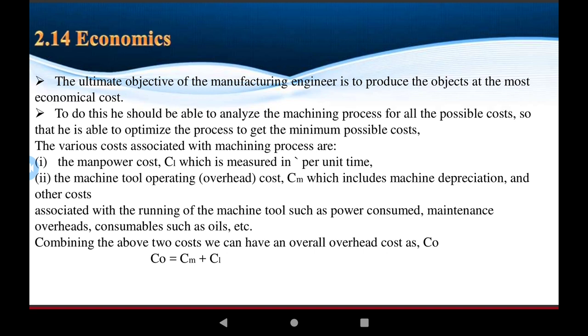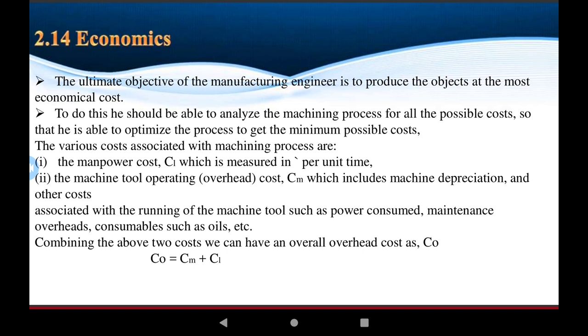To do this, we should analyze the machining process for all the possible costs so that the optimization process can get the minimum possible cost. We consider the various costs associated with the machining process.